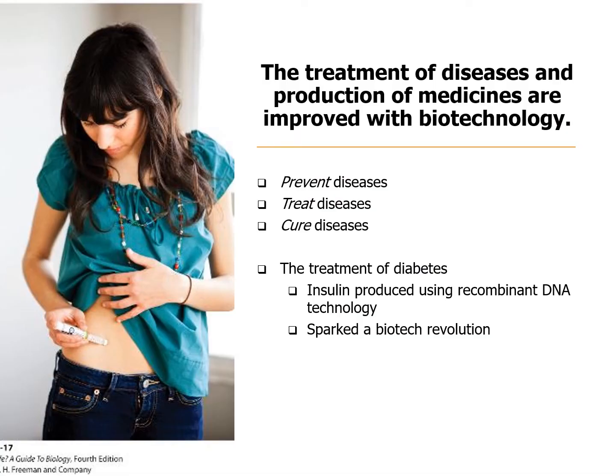Moving on to medicine, so we're moving away from plants and animals and into medicine. The treatment of diseases and production of medicines are improved with biotechnology in order to prevent diseases, treat diseases, and cure diseases. Two of these would be absolutely the most ideal: obviously preventing a disease before it can develop, or curing a disease if it has developed.